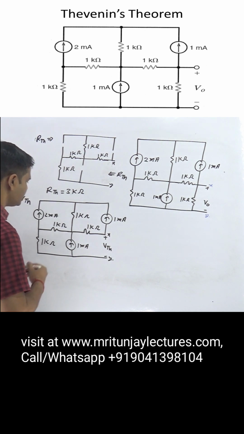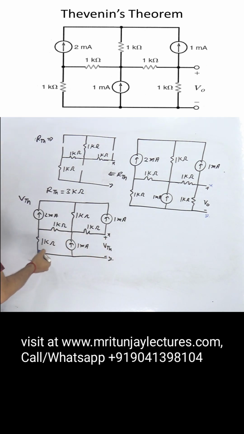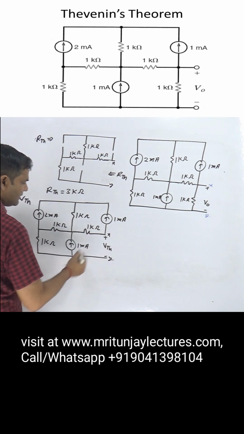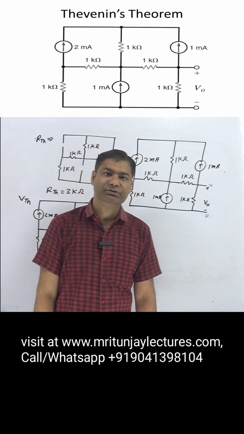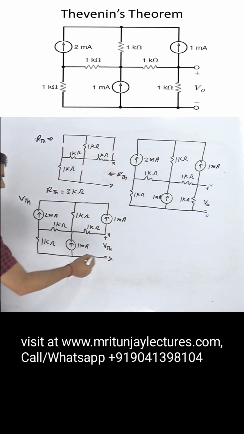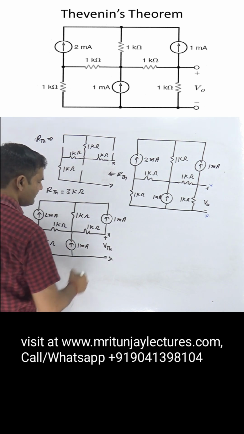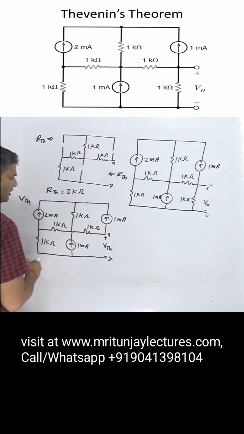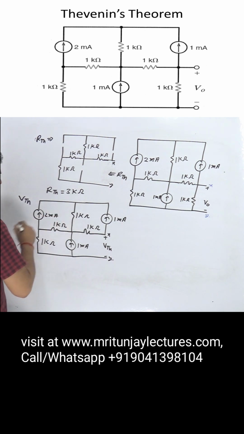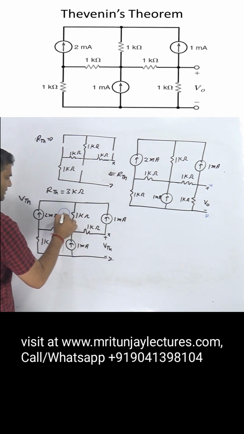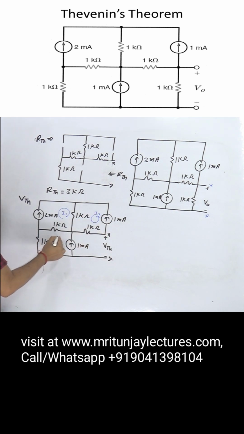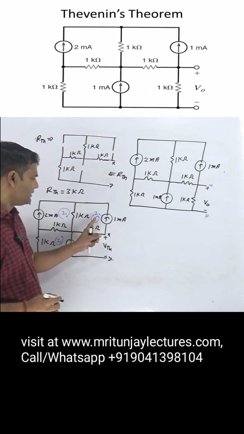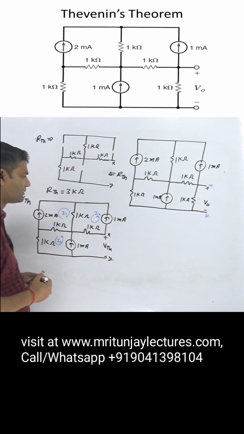So how can we determine VTH? Follow this path. This is an unknown voltage, this is a current source, this is an unknown voltage, so we follow this path. Now, what about the currents? That is I1, we have taken I2, and here take I3, loop currents I1, I2, I3. Loop current I2 is 1 milliampere.